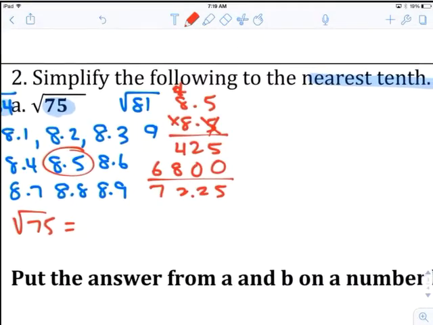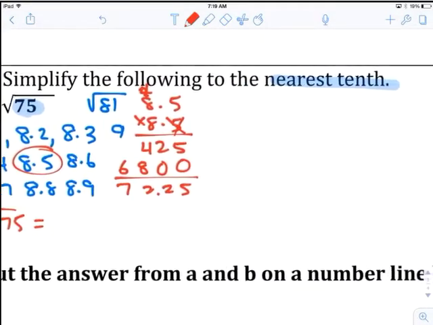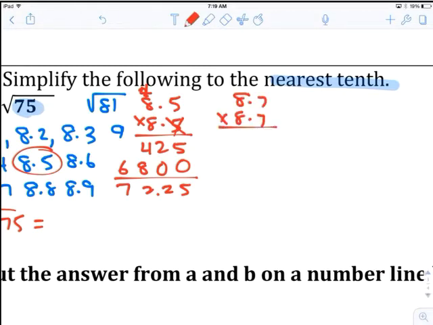So 8.7. Let's do 8.8. No, it can't be that high. It's not that close to 81. Okay, we'll do 8.7. 49, carry the 4. I may be wrong too, it can be 8.8. 56, 60. 0, 56, carry 5. 61.